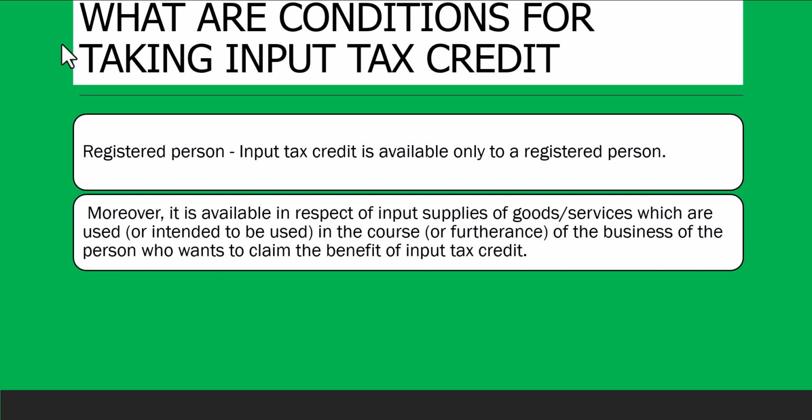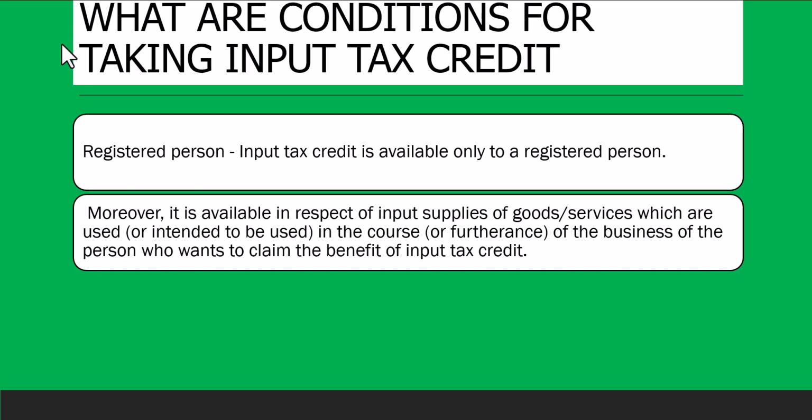Moreover, it is available in respect of input supplies of goods and services which are used or intended to be used in the course or furtherance of the business of the person who wants to claim the benefit of input tax credit. Basically, input tax credit is available only if you are going to use those goods or services, input supplies, for your business, for selling your final products.